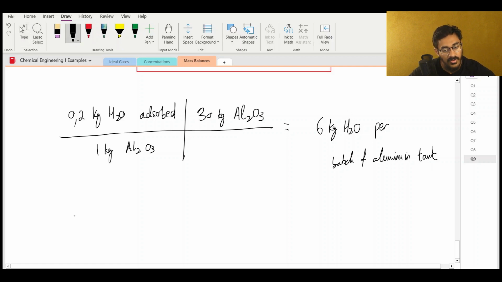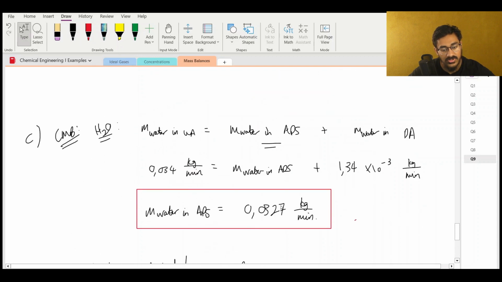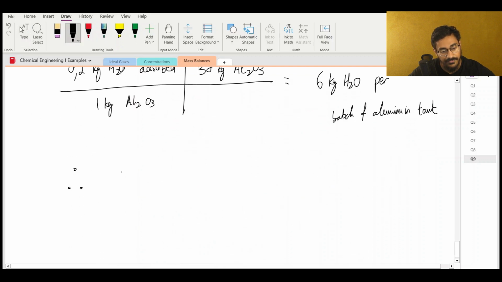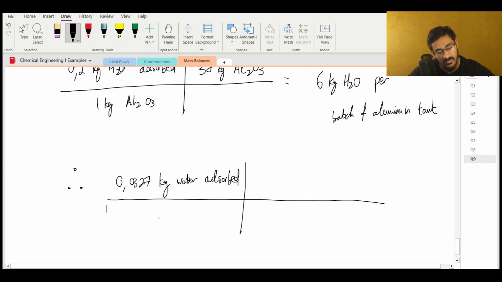That's good, but remember, I am adsorbing water at a rate of 0.0327 kilograms of water adsorbed every single minute.